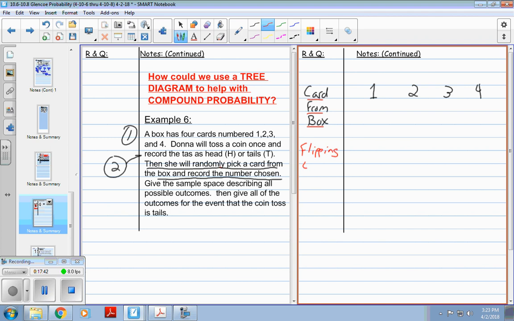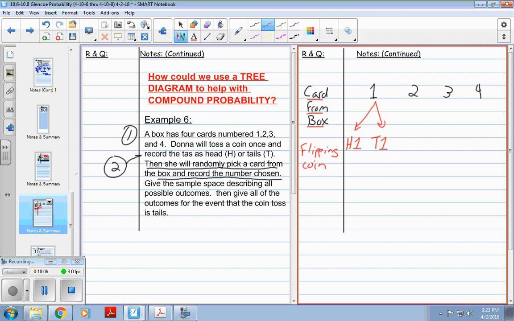So this first branch of our outcomes is assuming that we chose the card number 1, and now we can either have a heads in the number 1 form, or we could have a tails in the number 1 form. So that means we either could have flipped the coin heads and chose a card 1, or we could have flipped the coin tails and had the card number 1 shown.